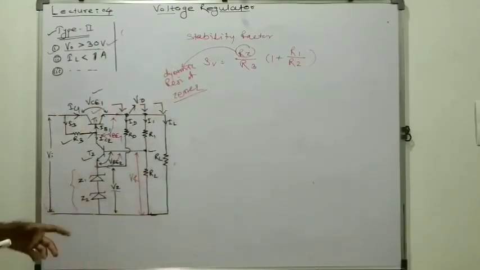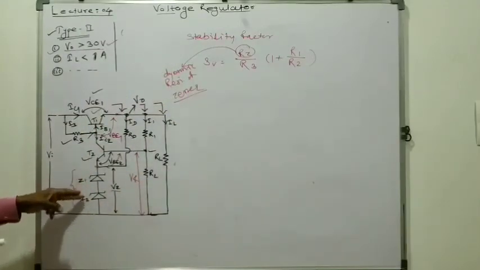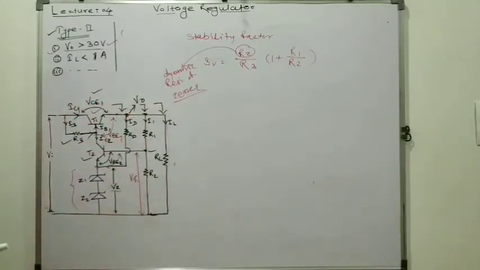Otherwise, while selecting Zener Z1 and Z2, we have to consider the value of RZ. So here we assume RZ is equal to 10, and if it is not given in the problem, then we have to consider it as 5 or 10 for Zener diode.